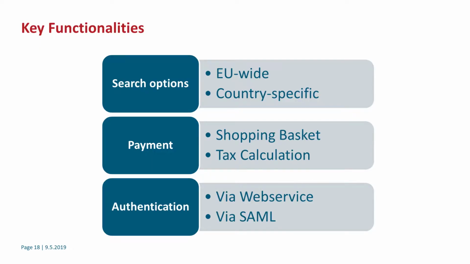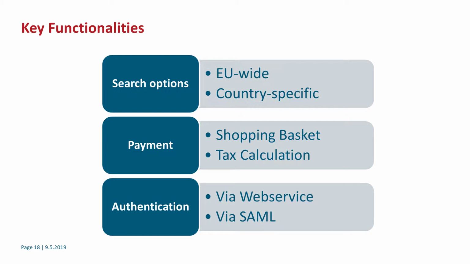Now the third key functionality is authentication. Again, I would assume that in some or even most countries there is the need to authenticate and be authorized to access land register data, or if the land register data is publicly available, then very often it's at least necessary to authenticate in order to have some additional search functions only available for authenticated users.